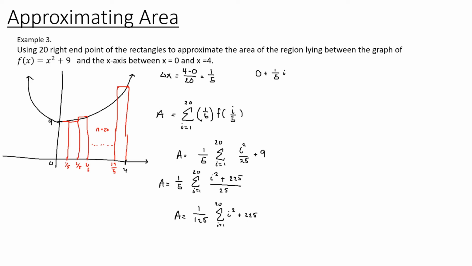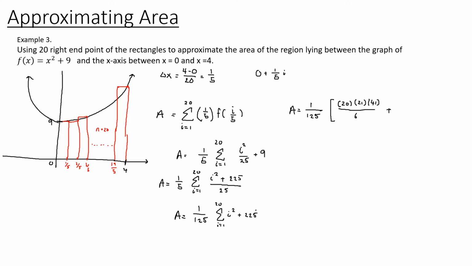And now we can apply the rules for the sigma. Sigma notation from i equals 1 to 20 for i squared is n times n plus 1 times 2n plus 1 over 6. So it's 20 times 21 times 41 over 6.